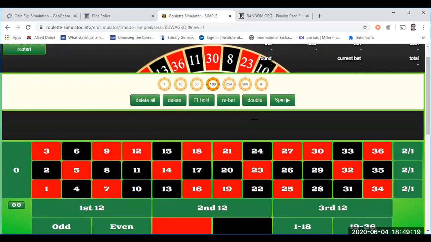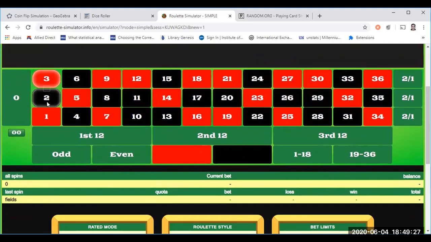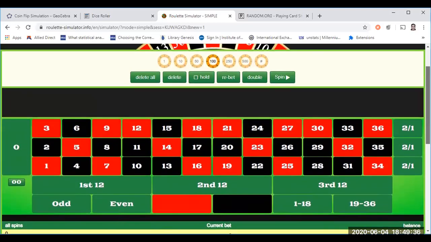You can bet different values on them. So let me bet $100 on something. On the inside numbers, if I'm betting on a single number, I will get 35 times of that return. So imagine if I'm putting $100, I will get $3,500 if I win.